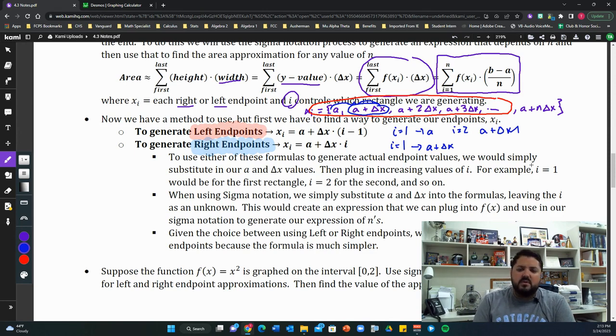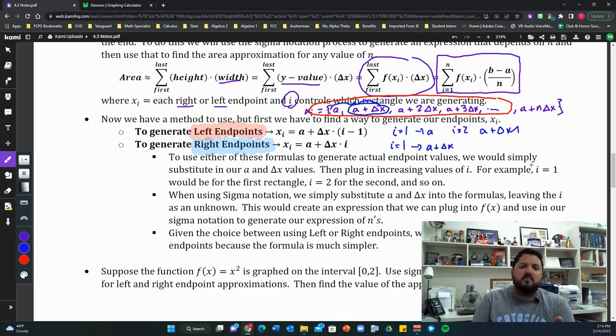So when you use that sigma notation, if we just put a and delta x into the formulas, that leaves the i as an unknown. And that's going to create an expression that we can then plug into the function f of x, then use our sigma notation to generate those expressions of n. Remember, that's our end goal. We want to turn all of these i's into the n's from earlier so that we can use those to quickly calculate the value.